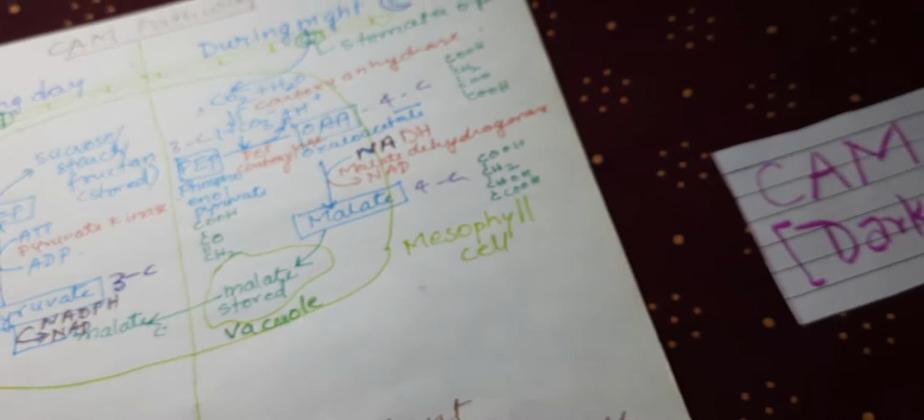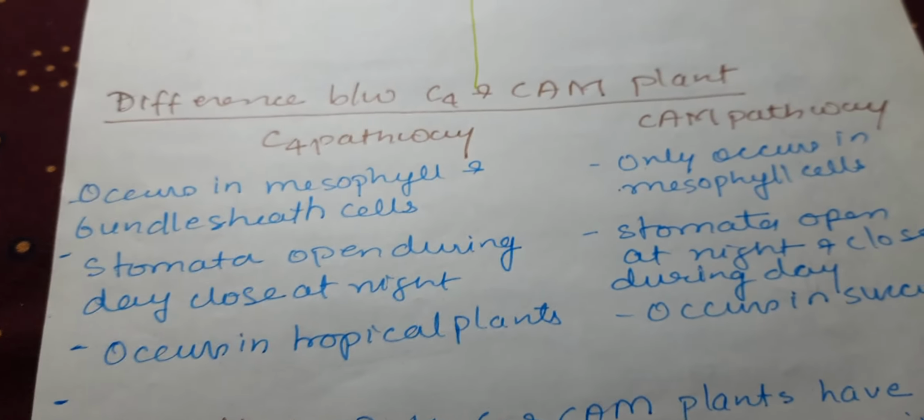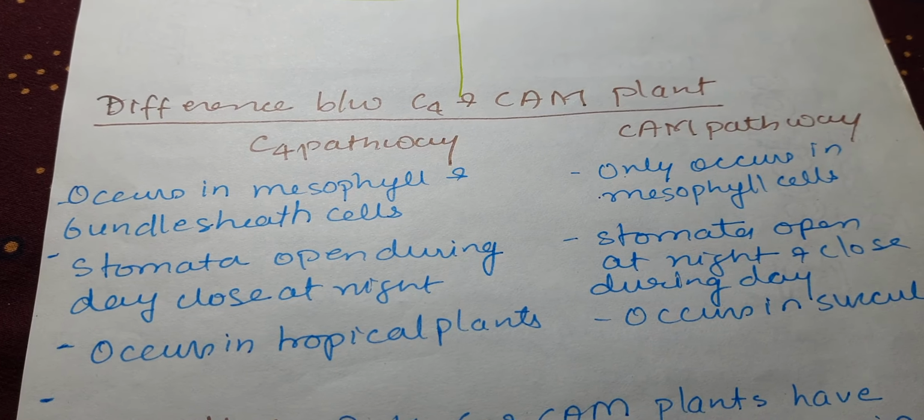So what is the difference between C4 and CAM plants?